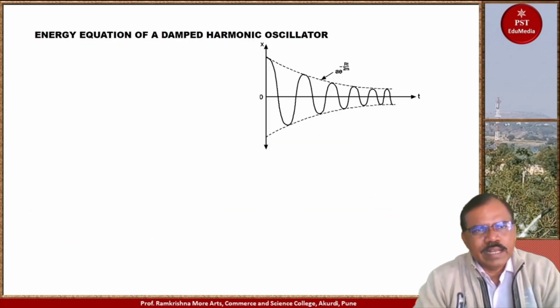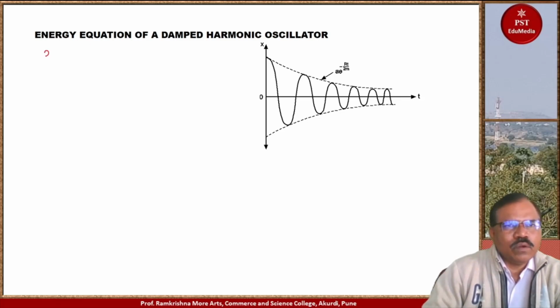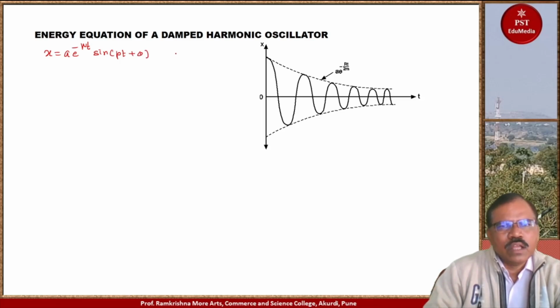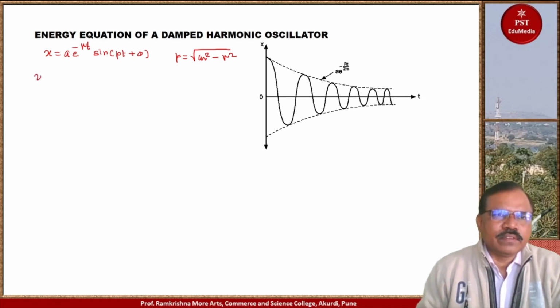Now we'll go to energy equation of damped harmonic oscillator. So we know x is equal to what? A e raised to minus gamma t sine (pt plus theta), where p is equal to square root of omega 0 square minus gamma square. So you can find velocity. Velocity is this dx by dt.